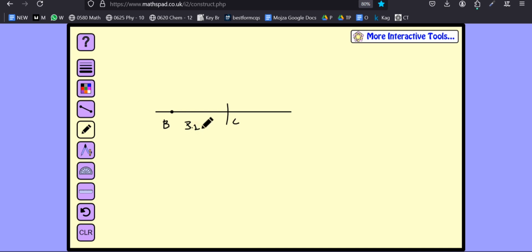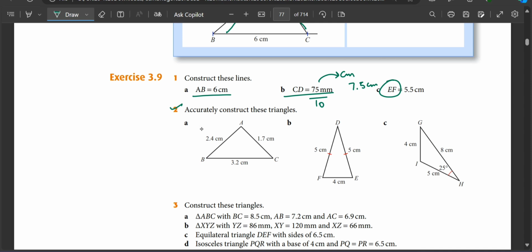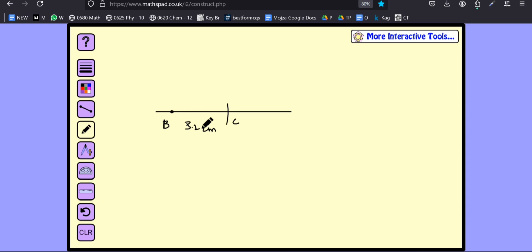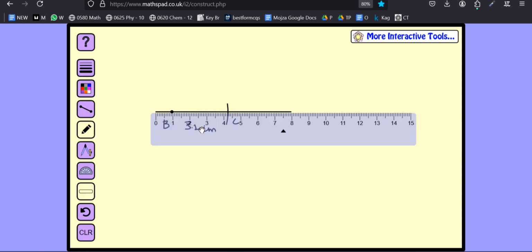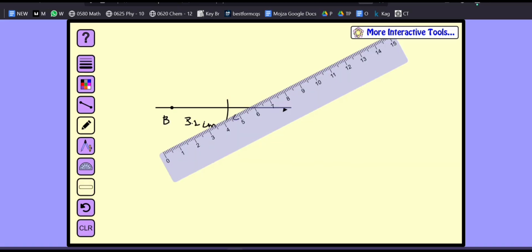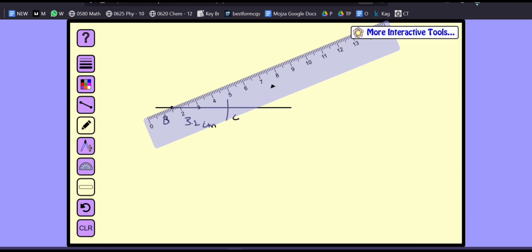Let's keep it as it is. Now what are we going to do next? We need to make 2.4 centimeter from the B till A, right? So for that we are going to make a line. हम उसको जितना मर्जी लेंथ रखना चाहे हम रख सकते हैं.